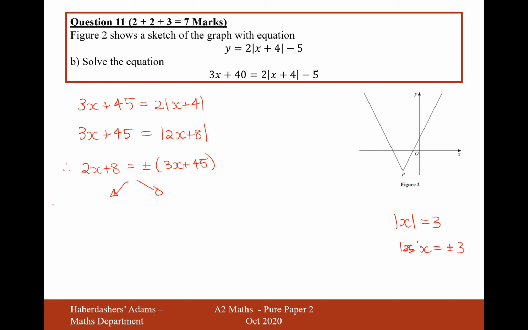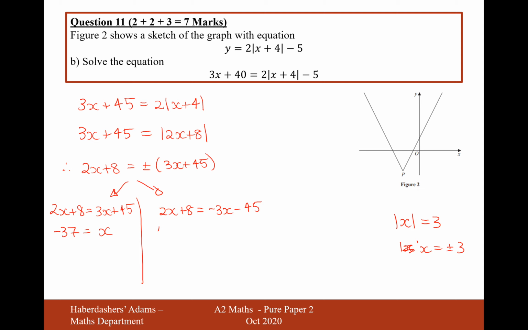So for the first one, 2x plus 8 equals 3x plus 45. If I move my 2x onto the right hand side, that's now just x on that side, and then 8 minus 45, then x equals minus 37. And on the other side, it's going to be 2x plus 8 equals minus 3x minus 45 once you've expanded the bracket.